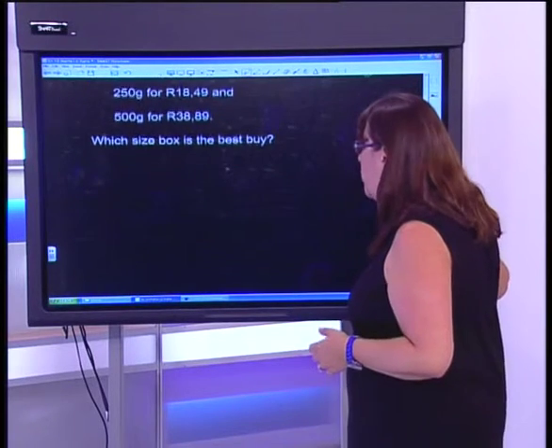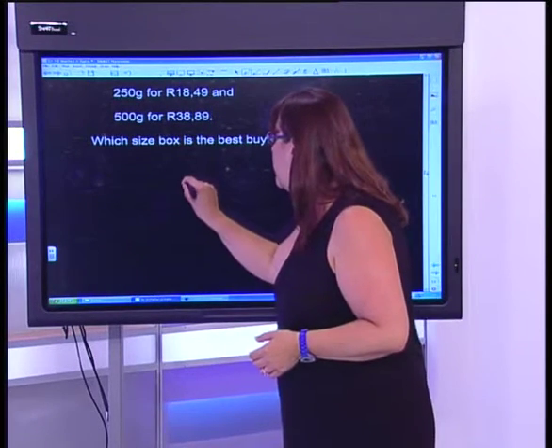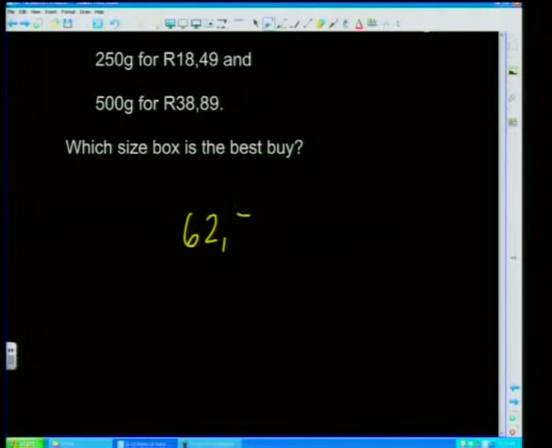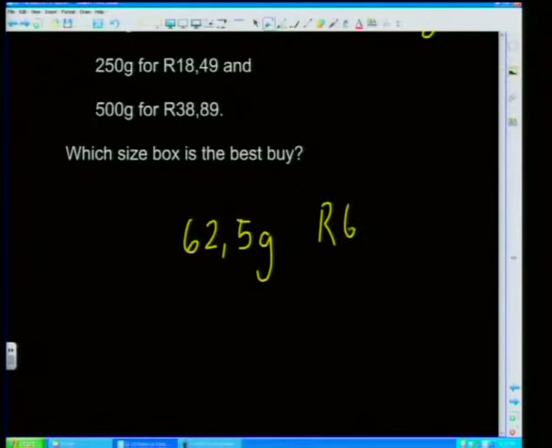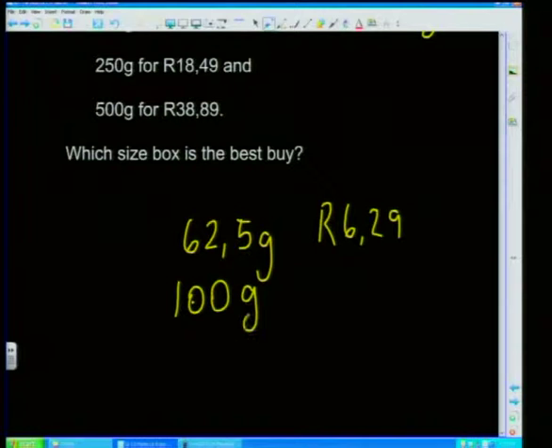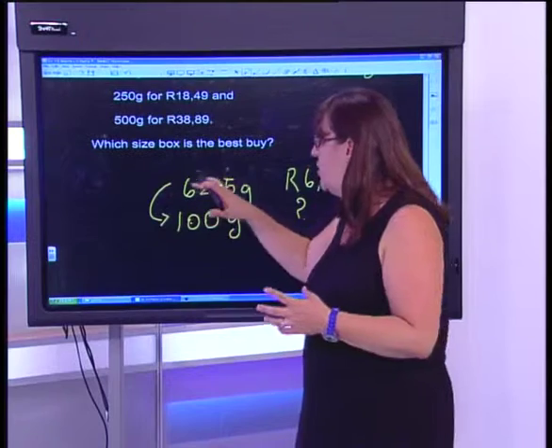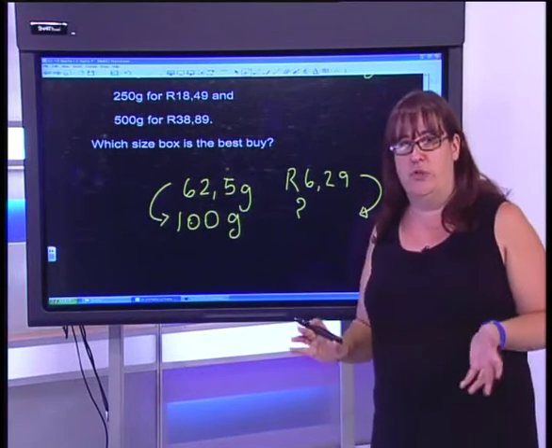So let's take my 62.5 grams, and the cost for that was R6.29. And I want to know how much it is going to cost me if I've got 100 grams. And there's my question mark. Now remember I said to you, what we do to this side, we need to do to that side. But we need to work out how we change 62.5 into 100.